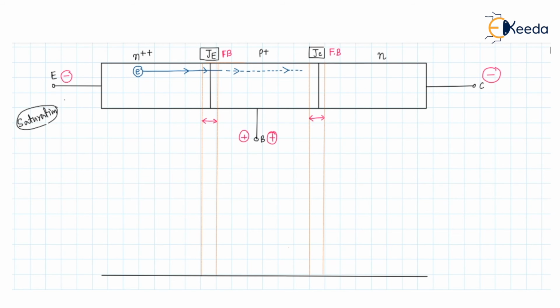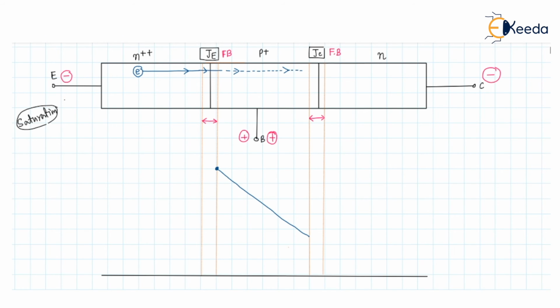So the electrons which are coming from the emitter to the base and become minority carriers will diffuse by the length like this.